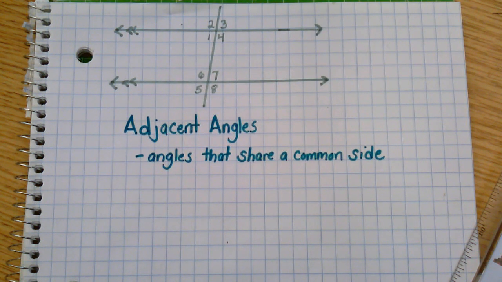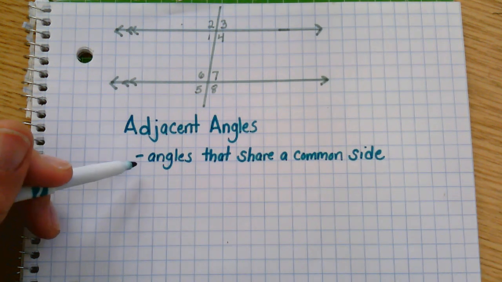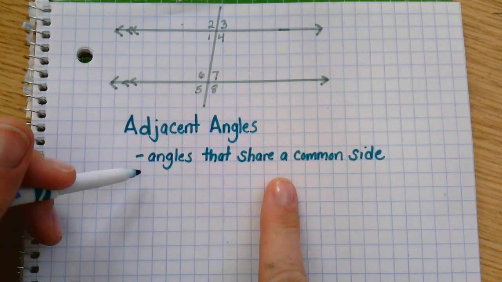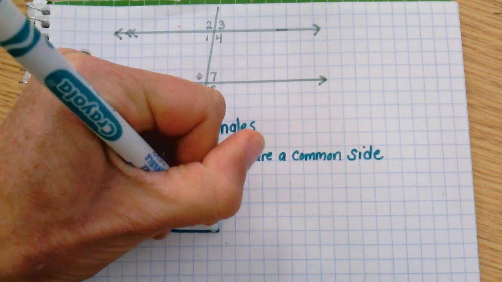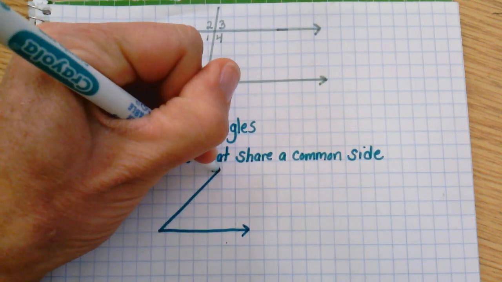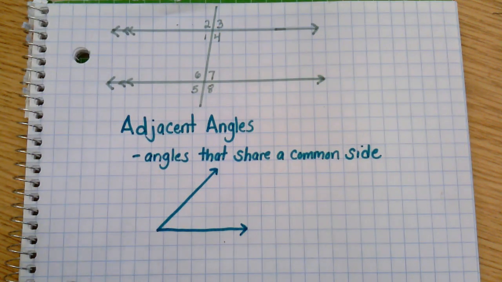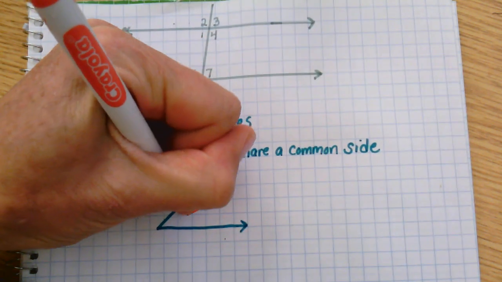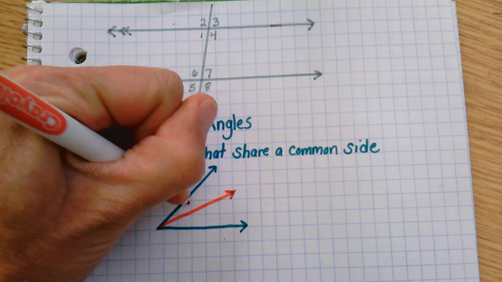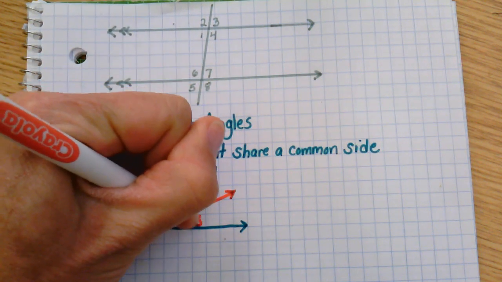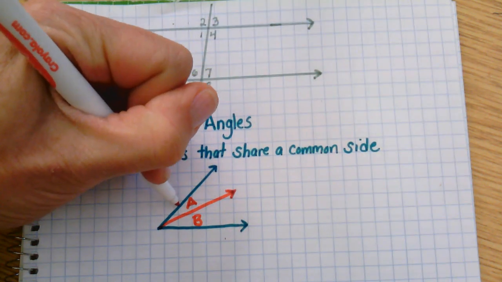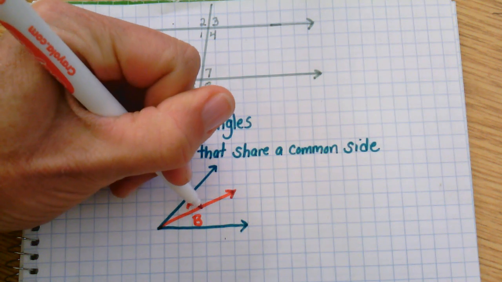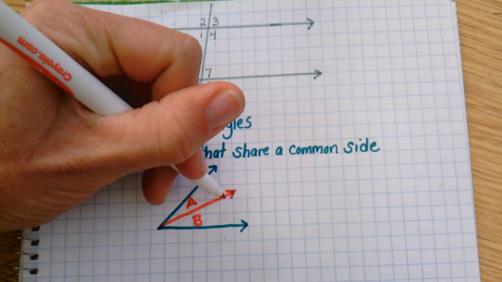Our next angle relationship are adjacent angles, and as you can see, they are angles that share a common side. So for example, if I have this angle that I drew, and I divide it into 2 angles, angle A and angle B. Angle A has this teal ray at the top, and then the bottom of angle A is this red ray right here.